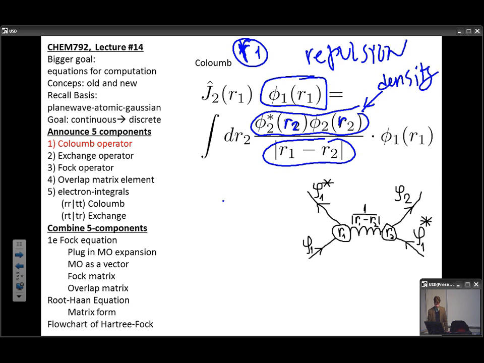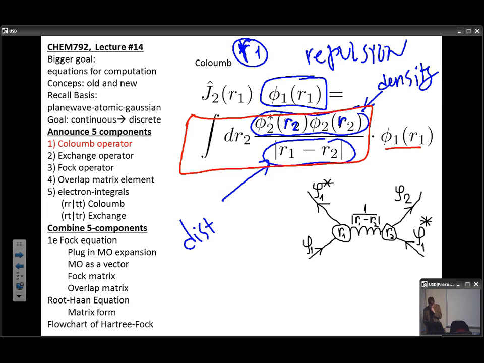Then the distance from our electron of interest to this position of the rest of the electrons, and integration over this position where interaction takes place. This mechanism is referred to as Coulomb, because it corresponds to classical Coulomb interaction, and it is an operator that affects the wave function depending on the coordinates of our electron, depending on one.